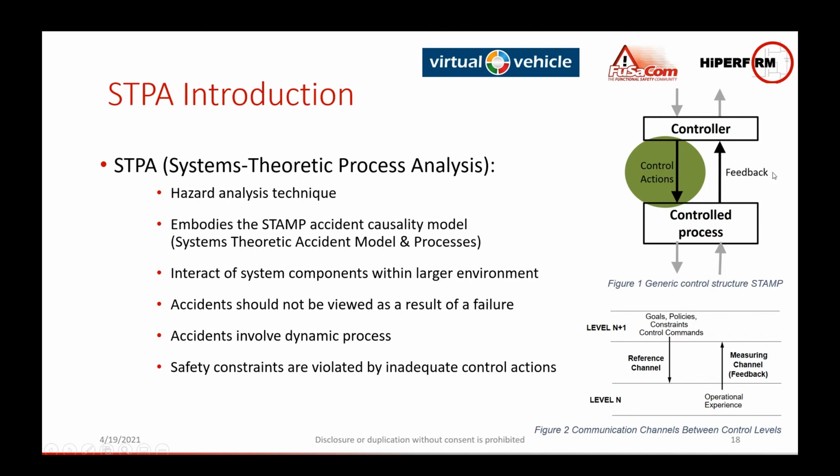So, having this generic control structure that comes from the STAMP accident model, it analyzes the different control actions, not being interested in what happens in the system itself, but more in those control actions.